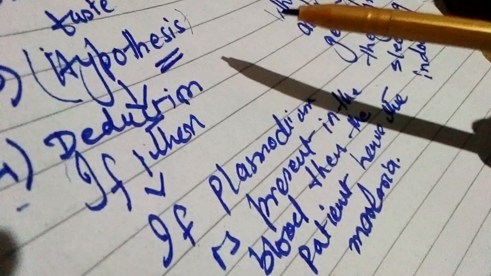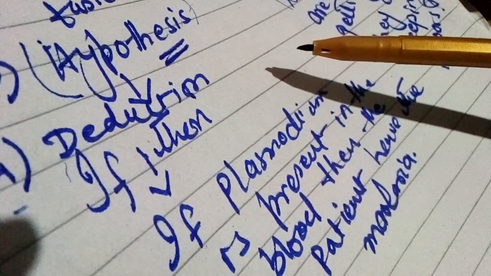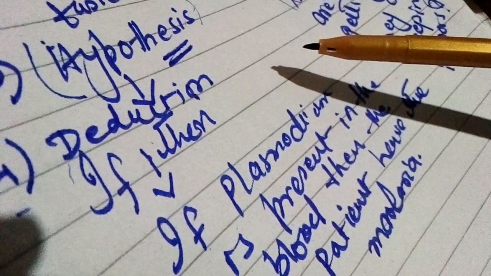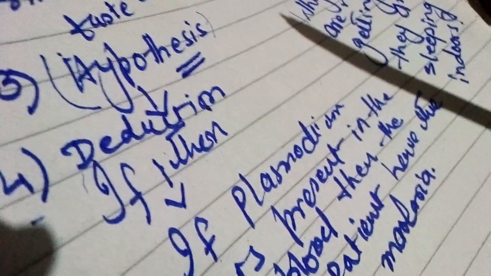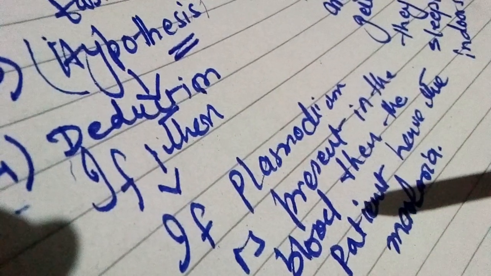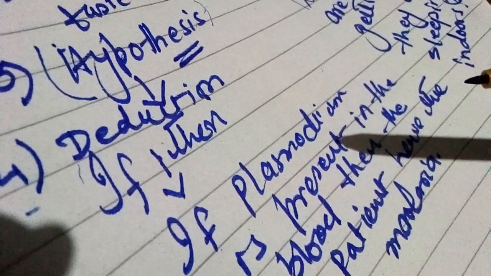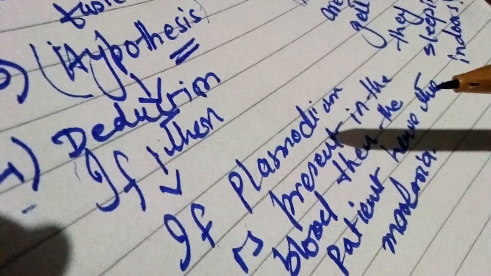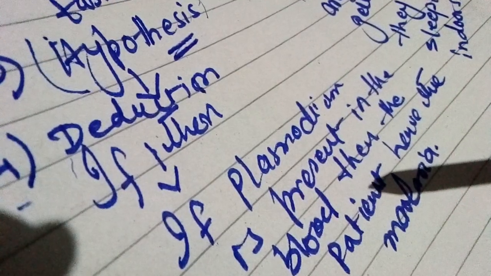Construct a statement that may prove to be the answer of the biological problem under study. And deductions are based on if and then. They are the logical conclusions drawn from the hypothesis, and the deductions are tested through experiments further.